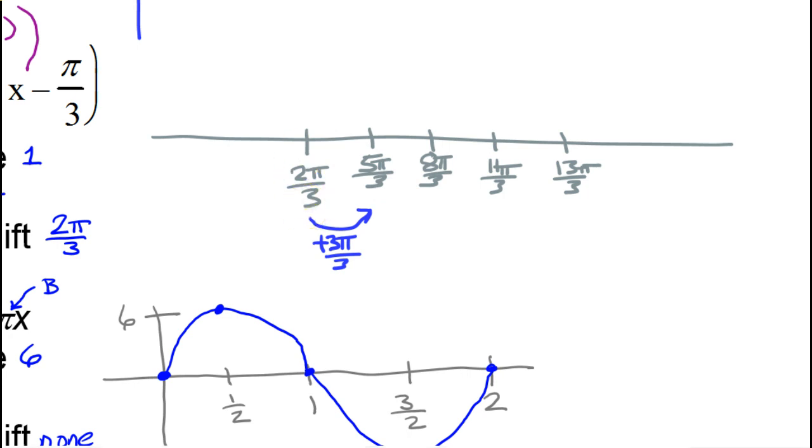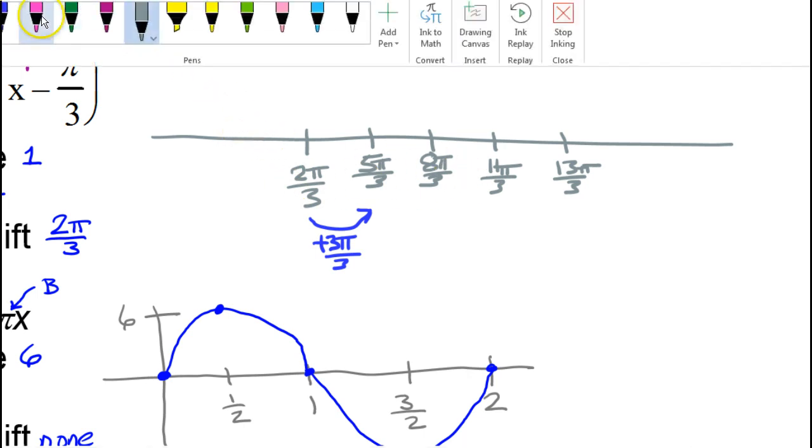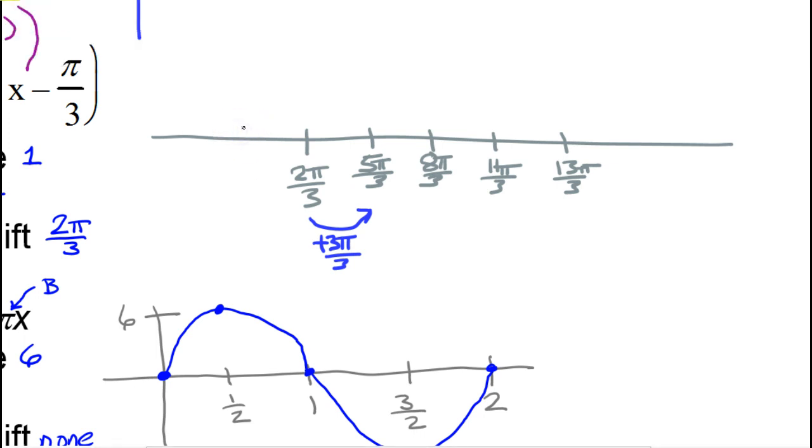Now, the y-axis, I want to know as precisely as possible where to put the y-axis. Whenever I have just all positive values, I like to put additional marks to the left until I see a negative number. So here comes a mark to the left. If I want to move to the left, instead of adding, this time I'm going to subtract 3 pi over 3.